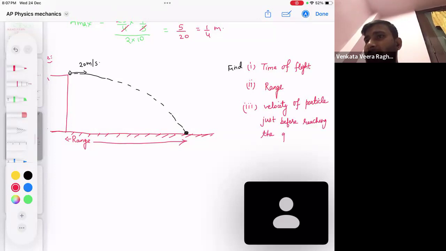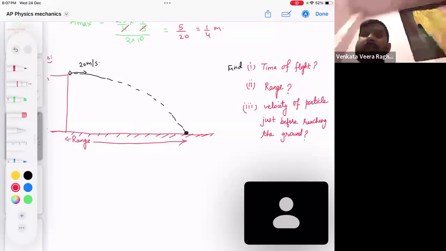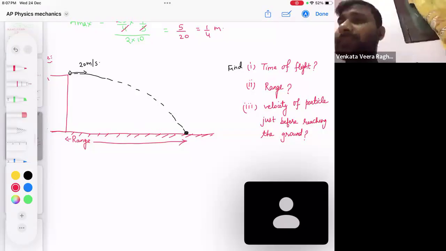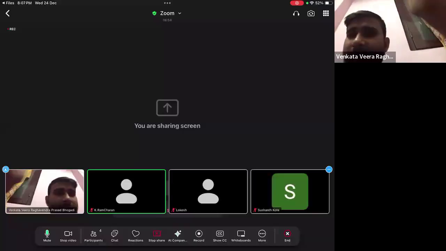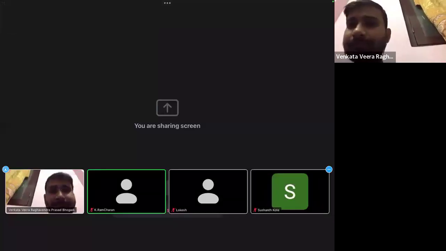Please tell me, can we apply the formulas we have derived, or should we start solving this question using the actual application of the equations of motion? Please tell me, all of you. Sharon, Lokesh, Prashant, tell me.